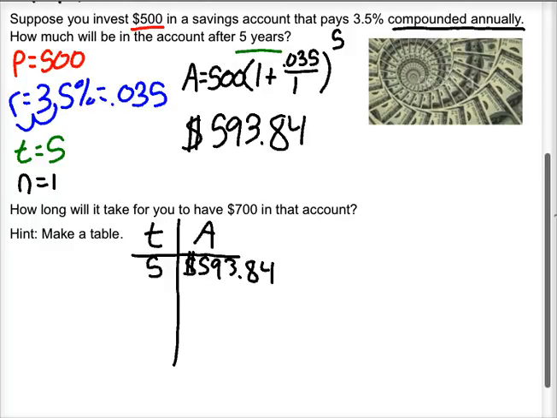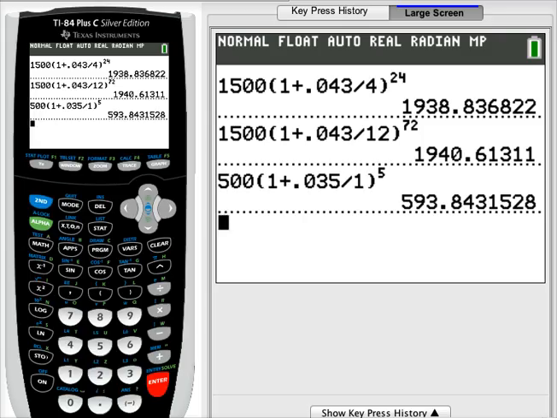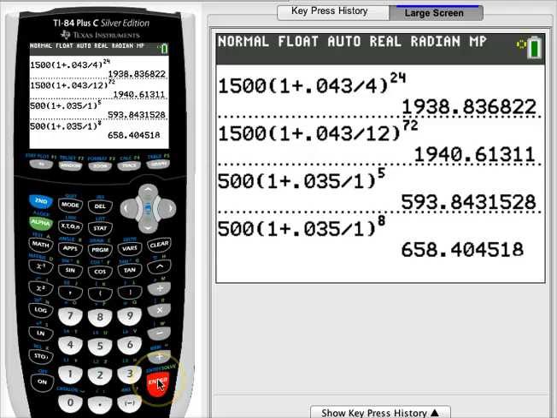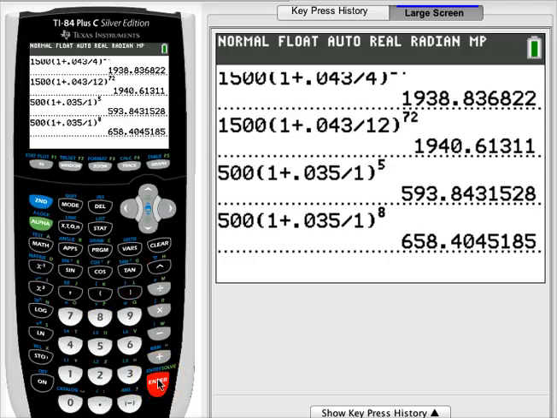So if I know I need to be more than 5 years, let's try 8 years. So now I'm going to use that same formula, that exact same formula, but this time I'm going to plug in 8 instead of 5. All right, so I have $658.40.